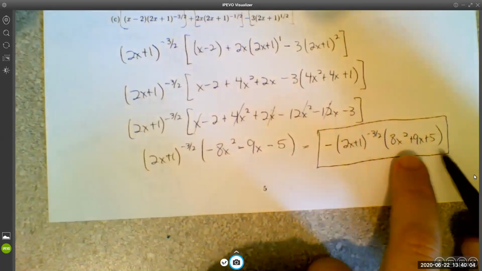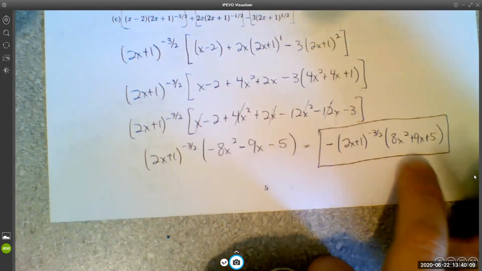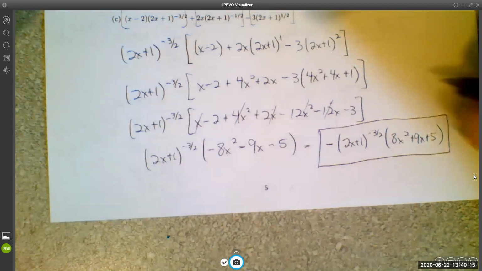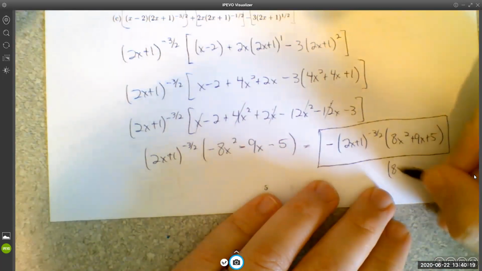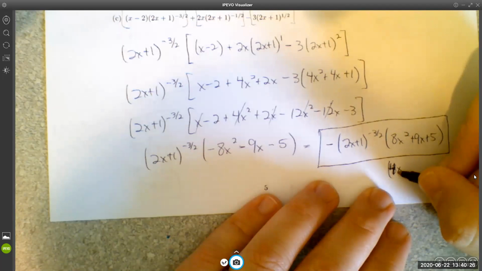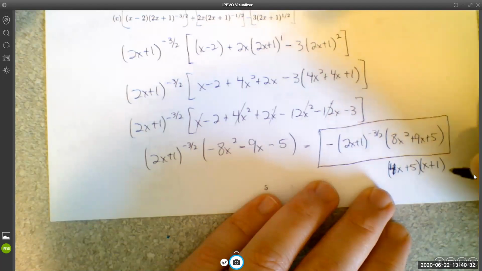Oh man, maybe we could factor this further, right? Maybe we could factor this trinomial. Should we try? Yeah, I think we can, right? Seems like we could do, oh, maybe not 8x, maybe 4x plus 5 times x plus 1.